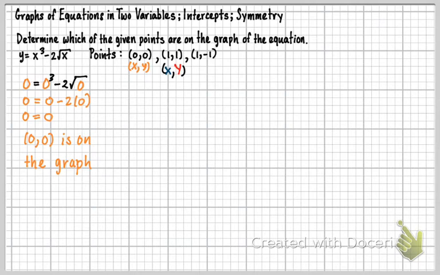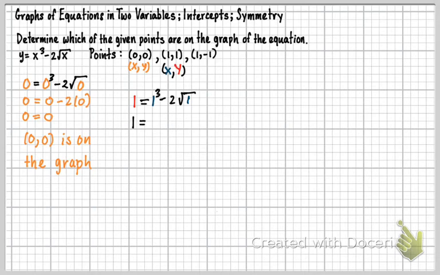Okay, so we're dealing with the y first. So there's my 1. My equals, now I have my x, and my x is also 1. Cubed minus 2 square root of my x, which is 1. All right, now all I'm going to do is run through the numbers. On the left I get 1.